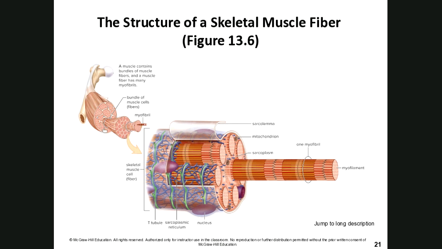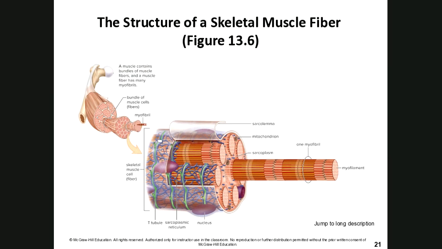So this entire thing is composed of muscles. If we come down and pull one of those things out, a muscle contains bundles of muscle fibers, and muscle fibers have many myofibrils. So if we pull out just this one muscle cell of this tissue, and look at it up close, this is what we'd find.